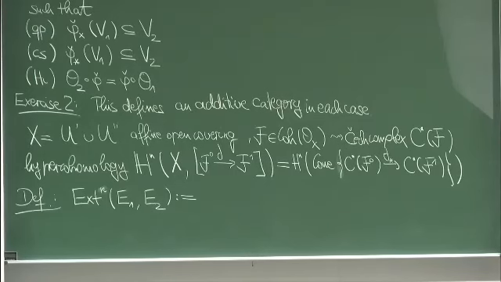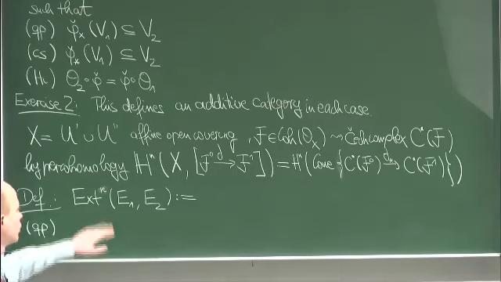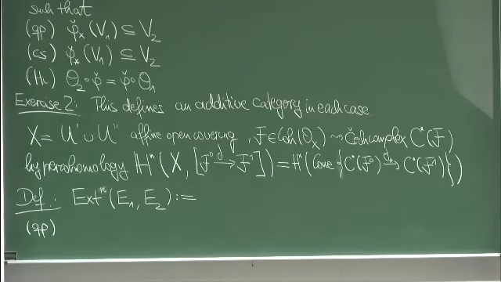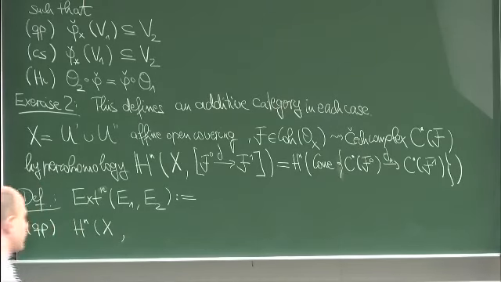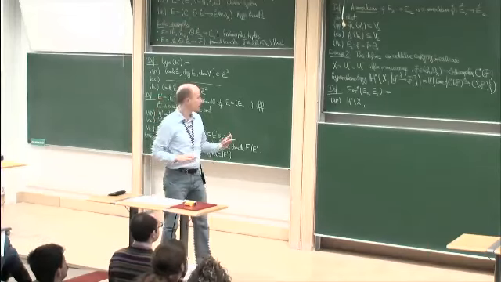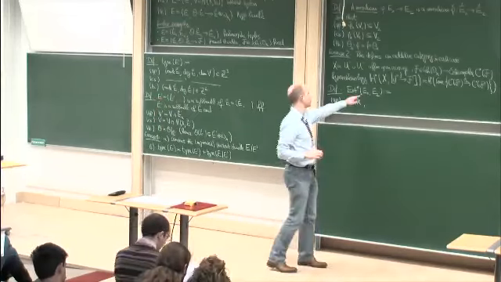Well, in the quasi-parabolic case, this is just ordinary sheaf cohomology, Hn of X with values in the following sheaf. It's the sheaf of quasi-parabolic morphisms, of augmented morphisms from E1 to E2.